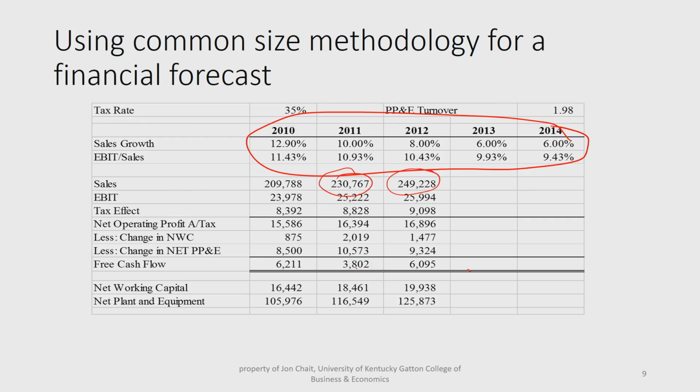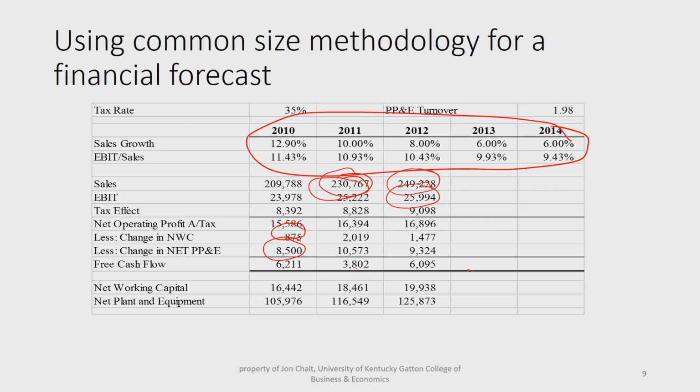As we calculate the other line items, again, we use percentages, the EBIT percentage to sales, to calculate EBIT, and we follow that through with the rest of the pro forma financial statement, including things like net working capital and changes in net PP&E.